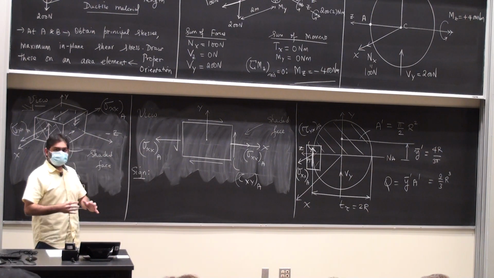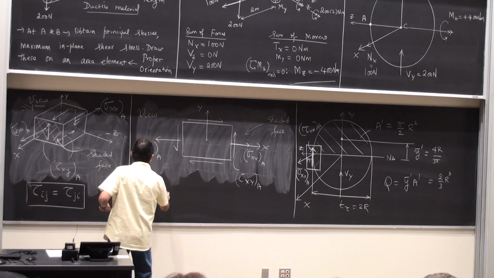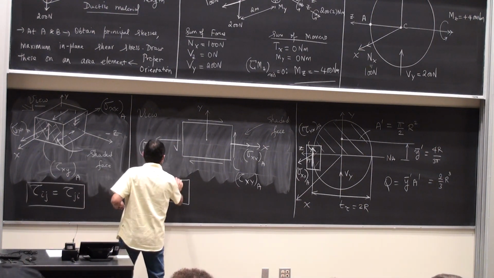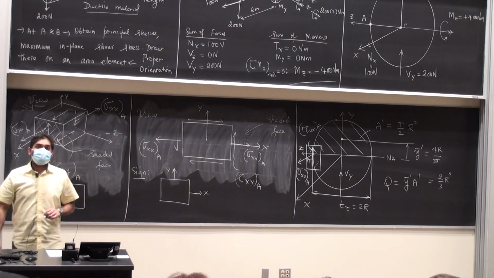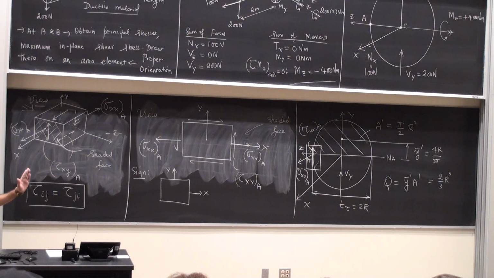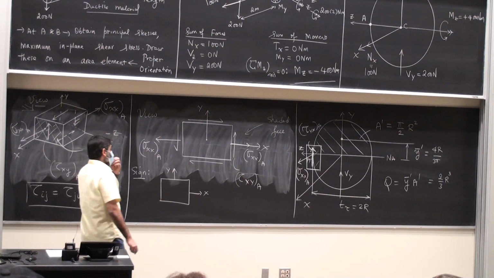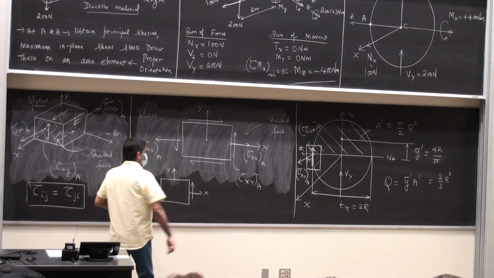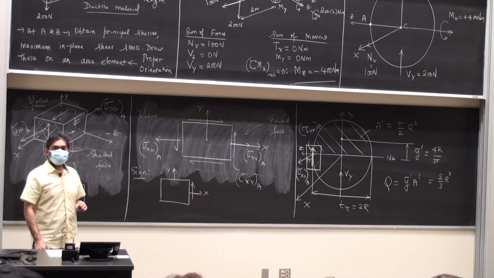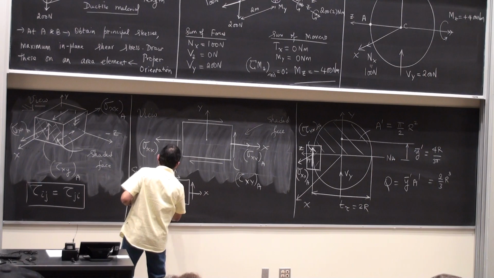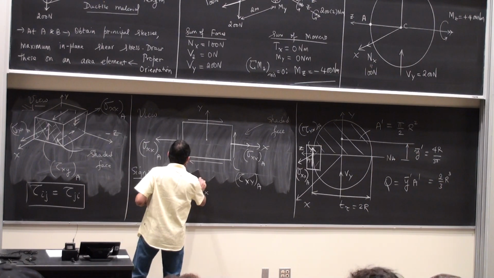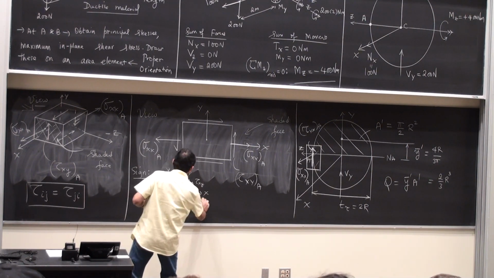For plane stresses, this is the sign convention. If this is my y-axis and my x-axis, then if the shear stress is pointing on the positive y on the x-axis face, that's considered a positive shear stress. This is tau xy.